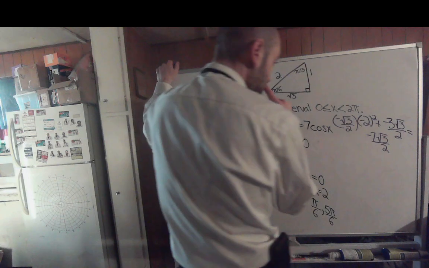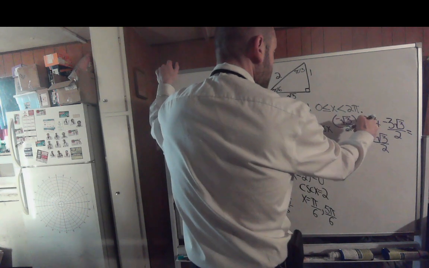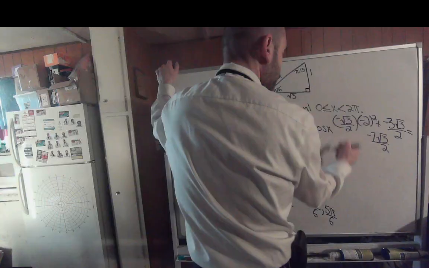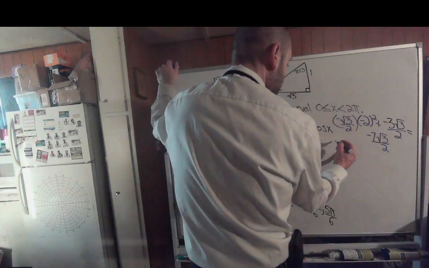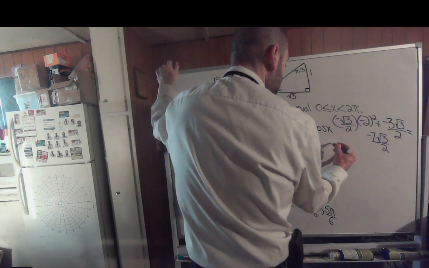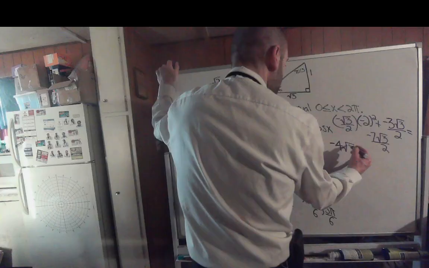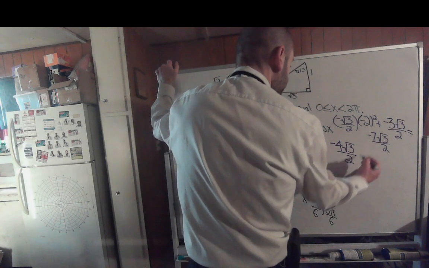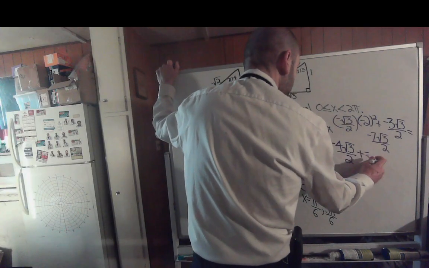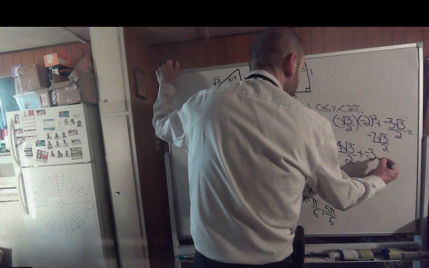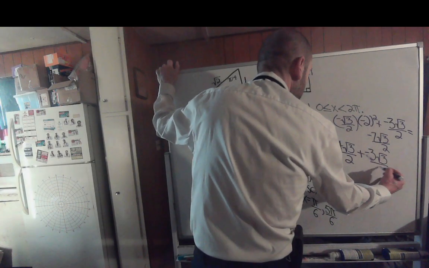Well, negative 2 squared is 4. 4 times negative square root of 3 over 2 would end up giving you negative 4 times the square root of 3 over 2, plus that negative 3 times the square root of 3 over 2.